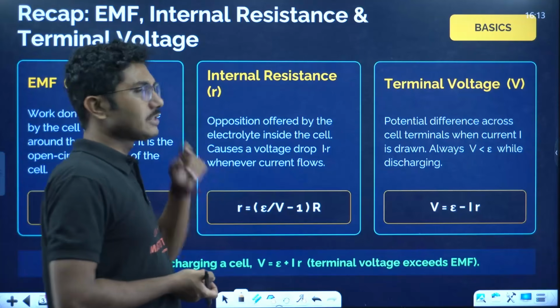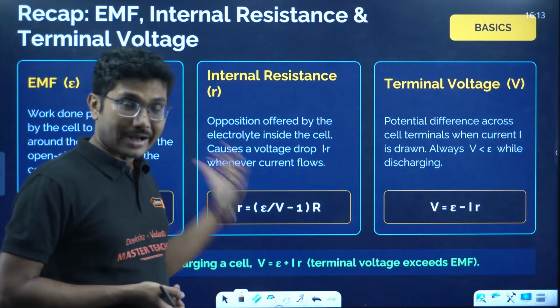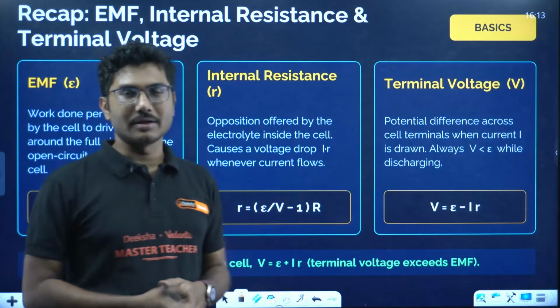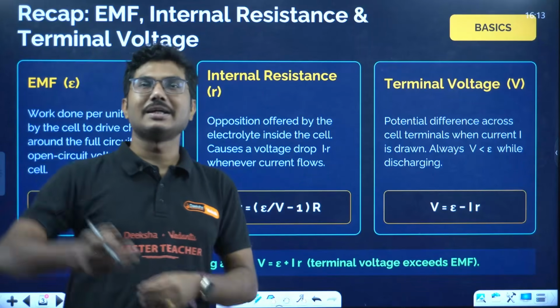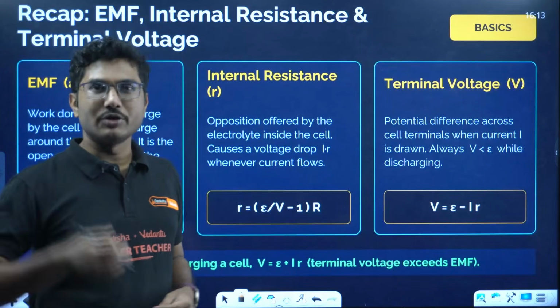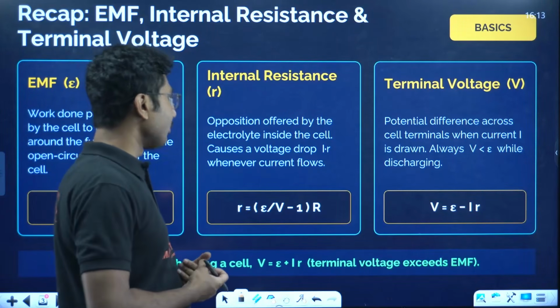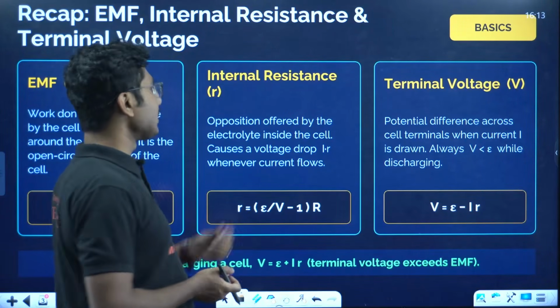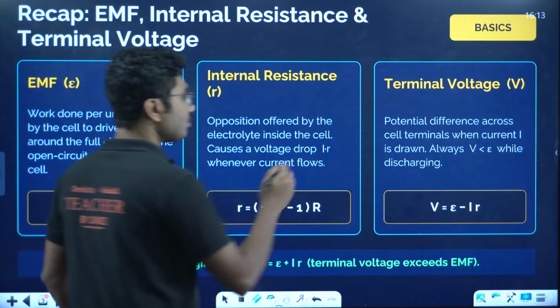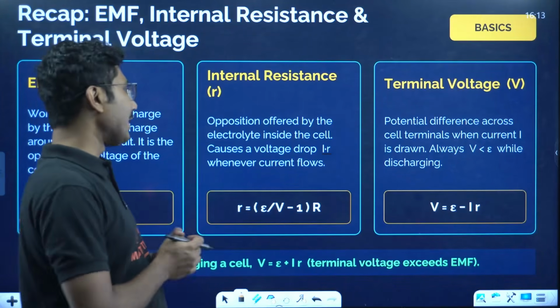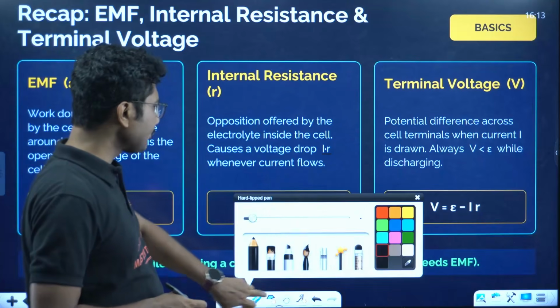So internal resistance is basically trying to stop that flow and providing resistance. That is the meaning of resistance: it tries to stop whatever is going to happen. So the opposition offered by the electrolyte inside the cell causes a voltage drop I into small r, where small r is the internal resistance, whenever current flows.